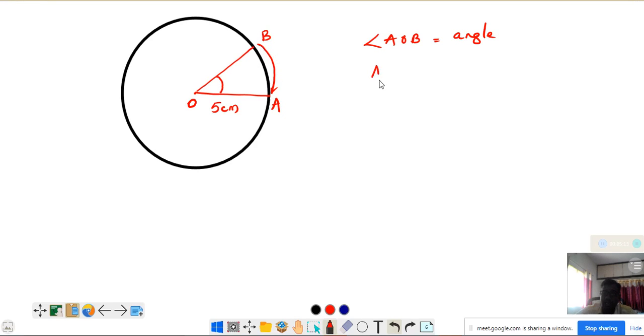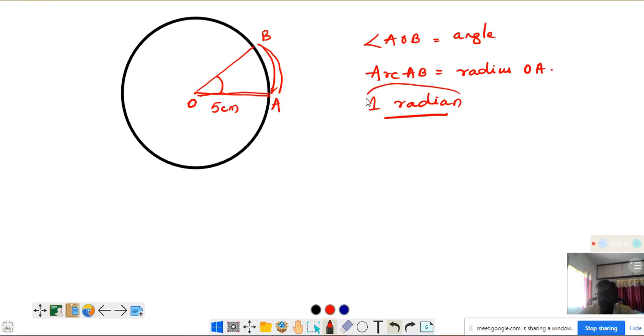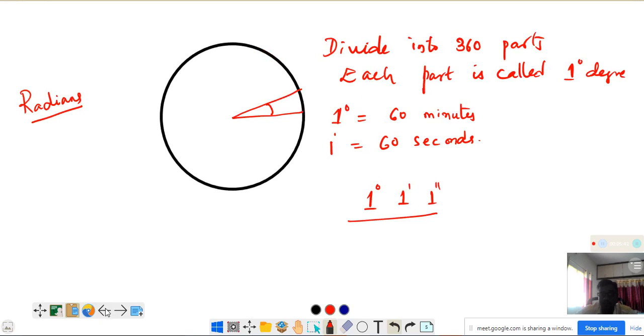If this arc AB is equal to the radius OA, then it is called 1 radian. So if this subtended arc is equal to this radius, then it is called what? 1 radian.